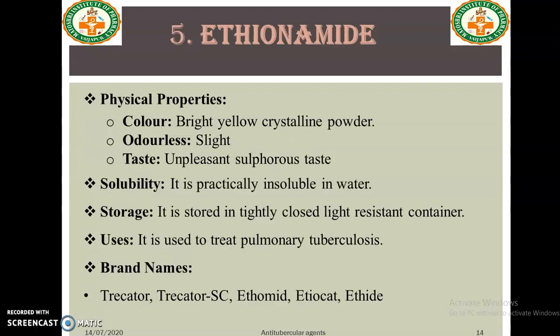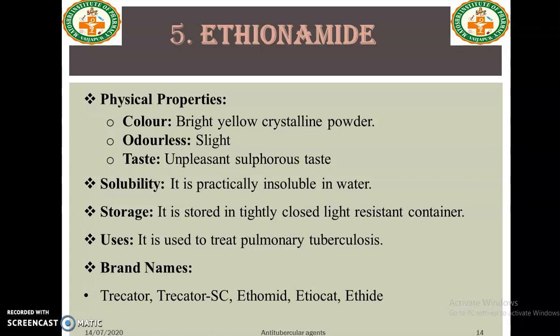The fifth example is ethionamide. The physical properties of ethionamide are: it is a bright yellow crystalline powder with a slight odor and unpleasant sulfurous taste. It is practically insoluble in water.